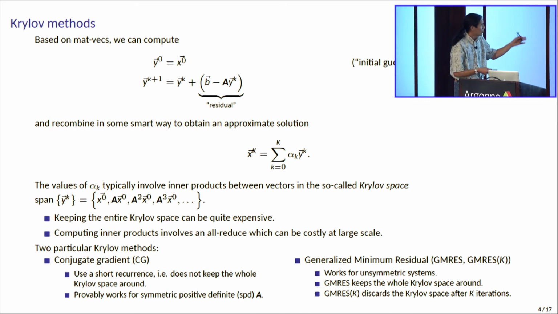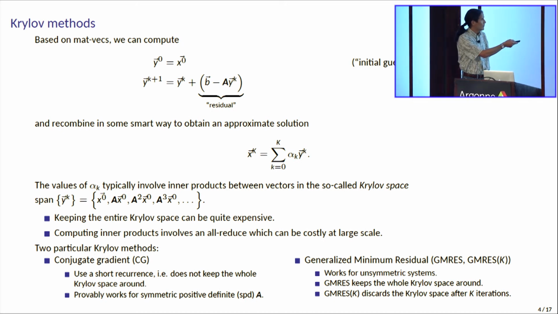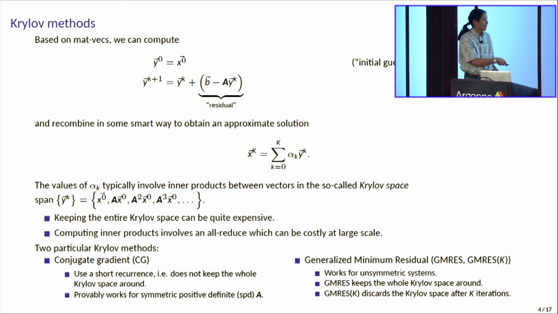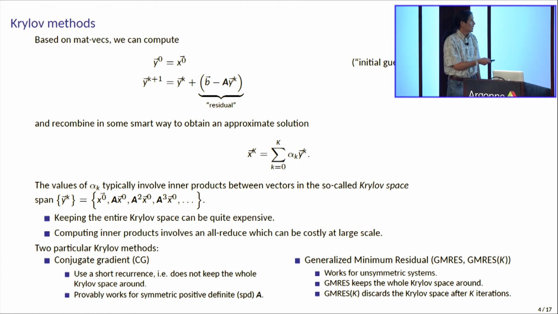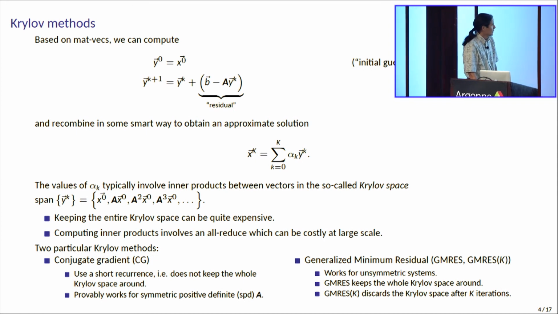Typically, we're doing inner products using powers of A. This is the Krylov space. We're choosing solutions from here that satisfy some sort of optimality condition.